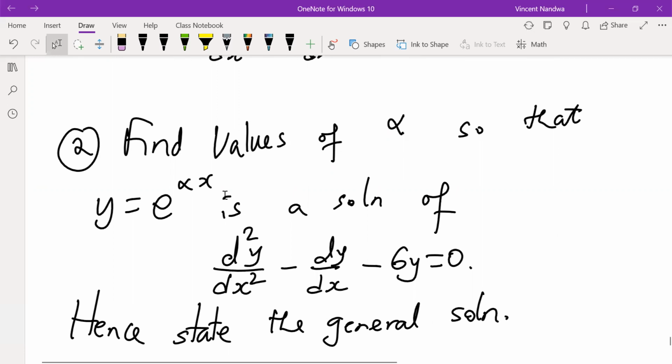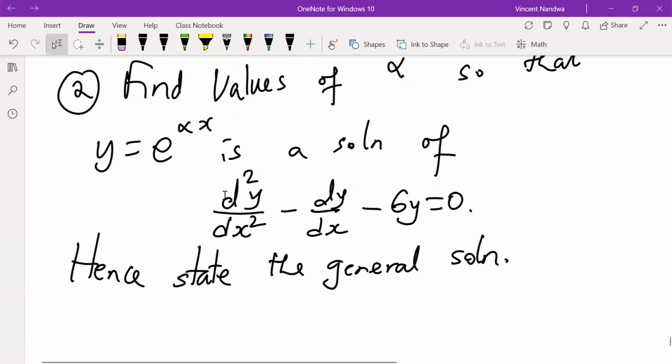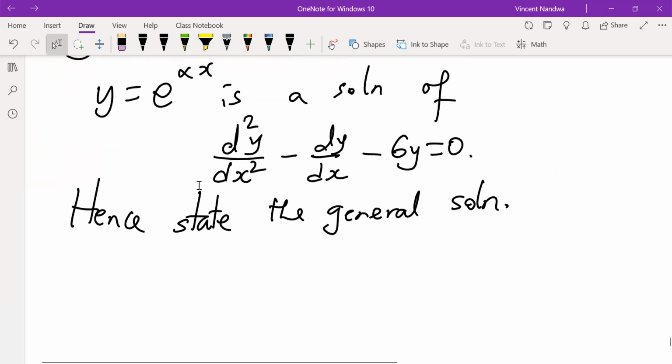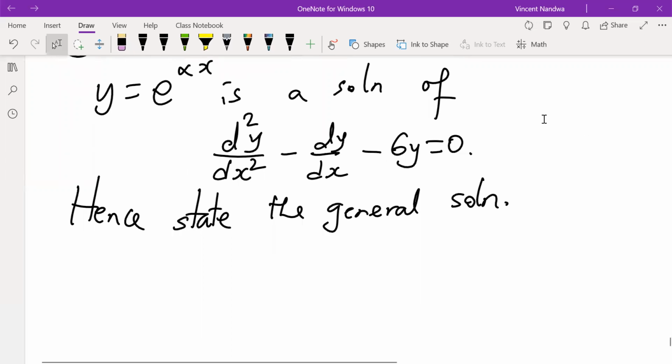Now, if we have been given y equals e raised to alpha x is a solution, then that means that if we get the derivatives of this y and replace into the differential equation, then it is satisfied.